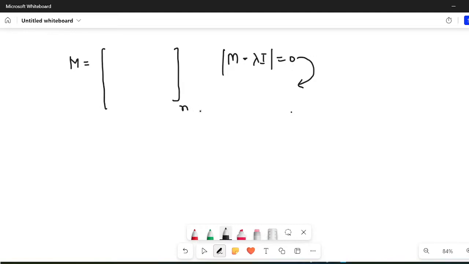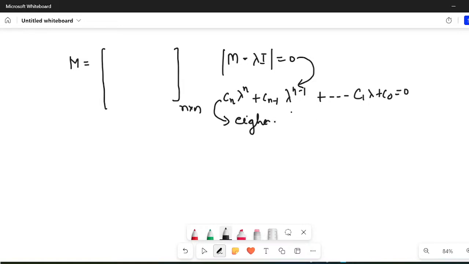If it is n cross n, then I would get a characteristic equation of degree n: Cn lambda raised to power n plus Cn minus 1 lambda raised to power n minus 1, and so on, plus C1 lambda plus C naught equals 0.